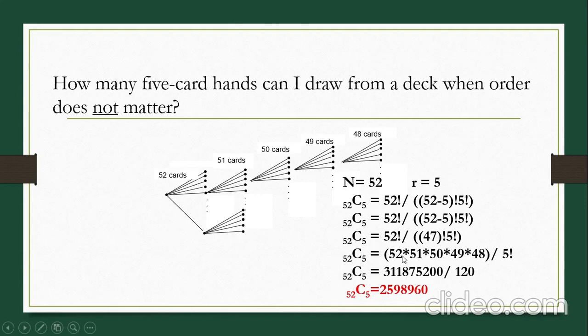So, 52 times 51 times 50 times 49 times 48 is equal to 311,875,200, divided by the factorial of 5, which is 120. Therefore, given 52 cards in a deck, and you are going to draw 5, there are 2,598,960 combinations that you can get out of it.